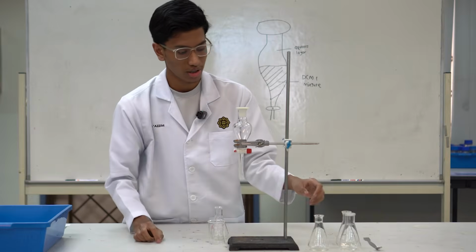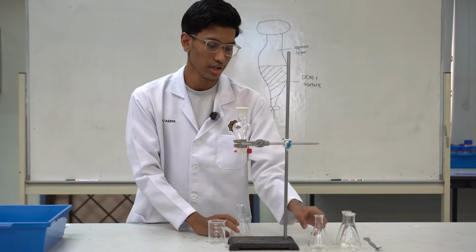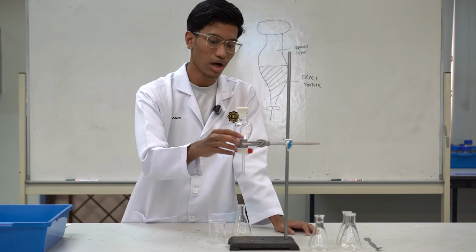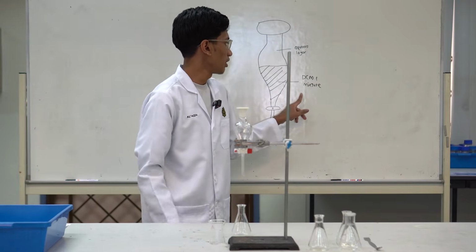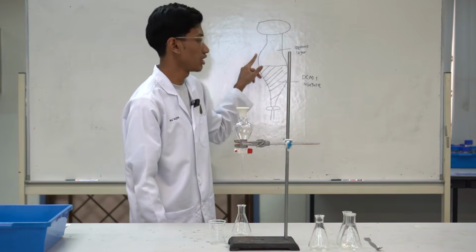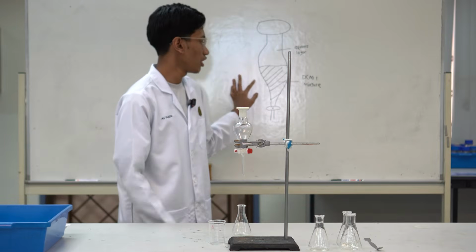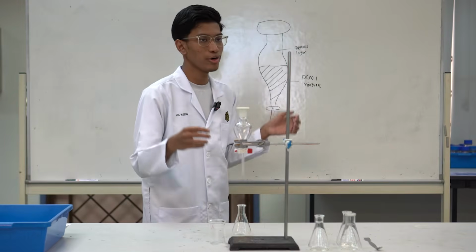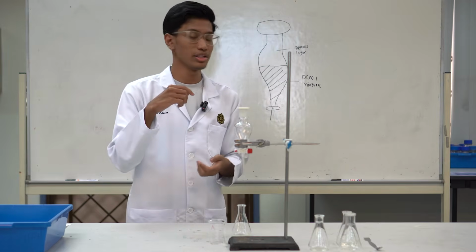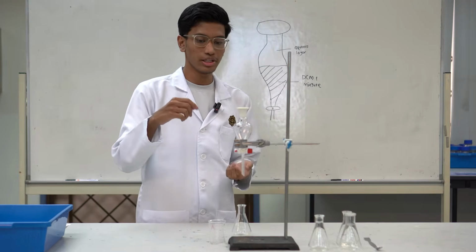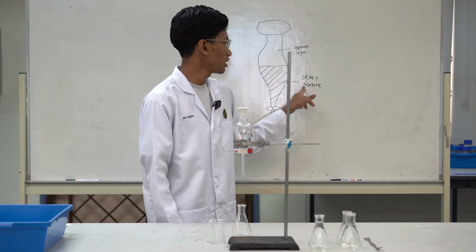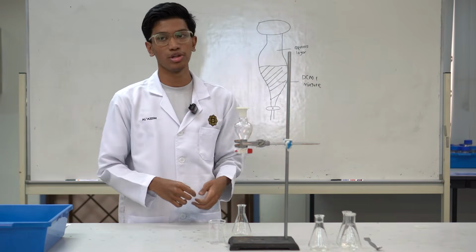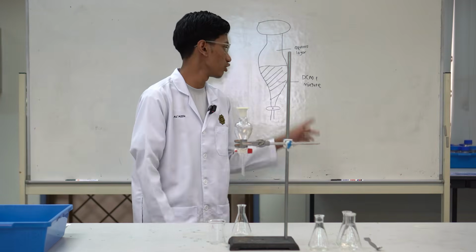And after that, inside the separation funnel there will be 2 layers, which are the DCM and mixture layer and the aqueous layer. First of all, before we add the base into the separation funnel, the acid will be in the DCM, because the acid is a neutral molecule that dissolves in organic solvent.